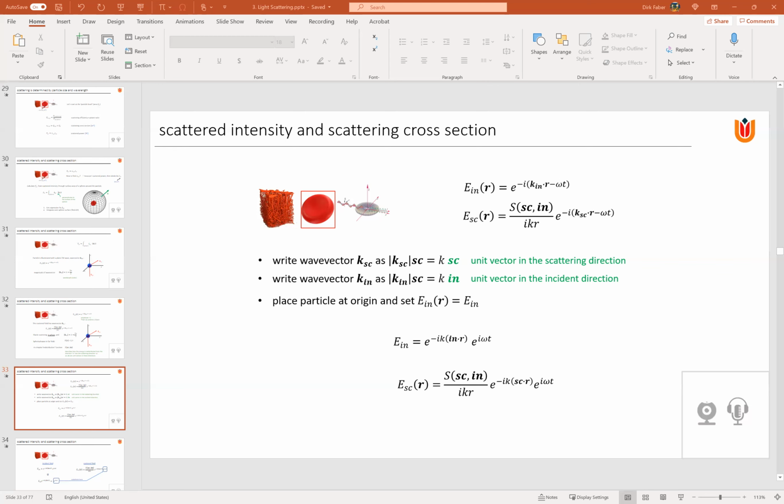We can do the same thing for the scattered field. So this function remains there. This normalization remains there. But here too, because the k are the same, we can now safely split it into a temporal and a spatial component. So these are basically two equivalent expressions for the two that you see on top.